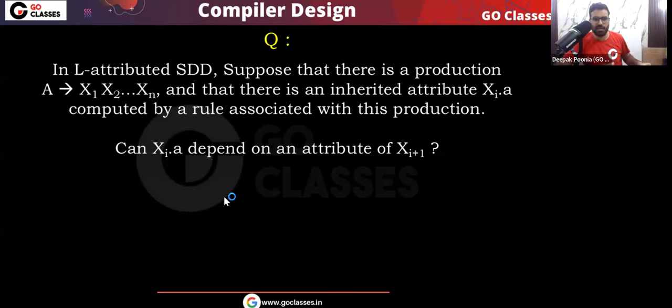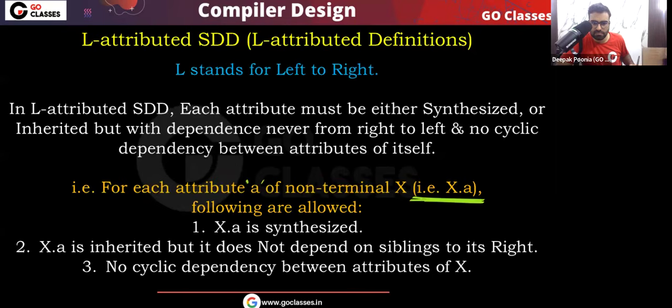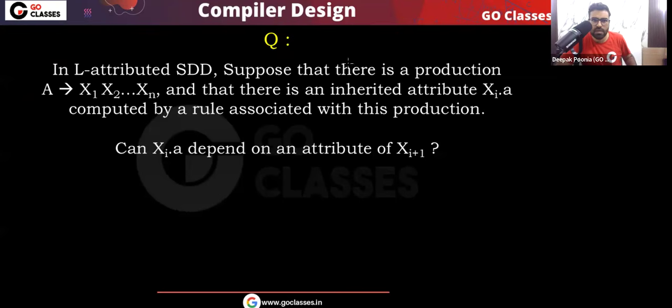Now let's see two questions. Tell me the answer for this question. In an L-attributed SDD, suppose there is a production A goes to X1 to Xn, and there is an inherited attribute Xi.a. This Xi.a is an inherited attribute computed by a rule associated with this production.